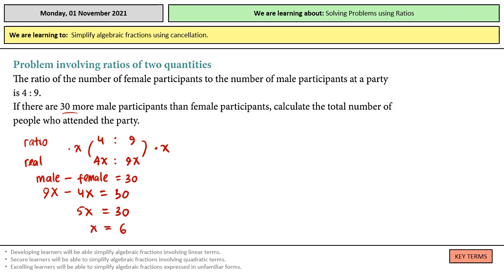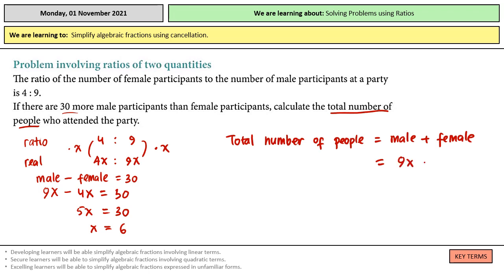The question asks to calculate the total number of people who attended the party. The total number of people should be the number of male plus female, and in this case should be 9x plus 4x.